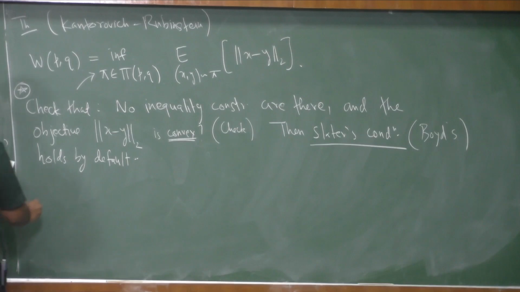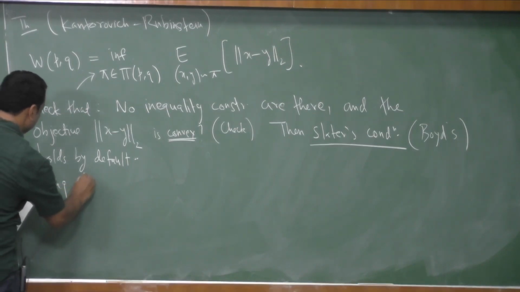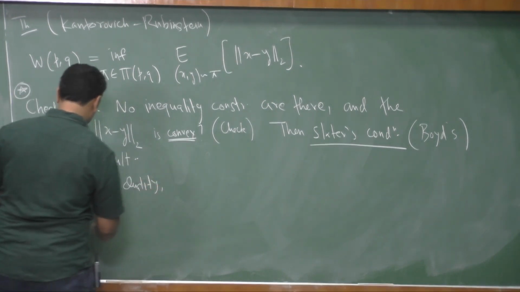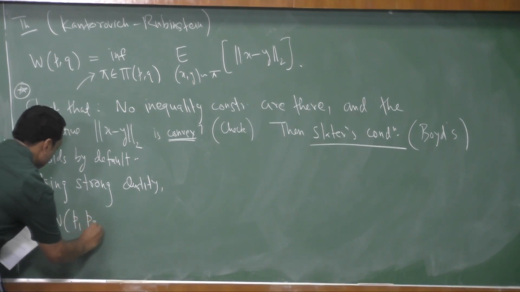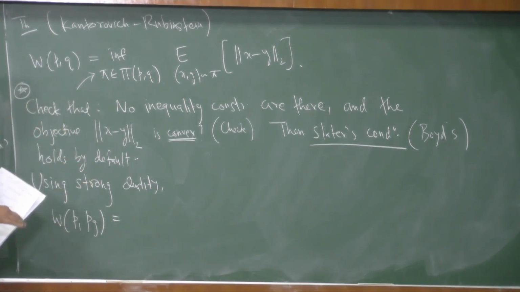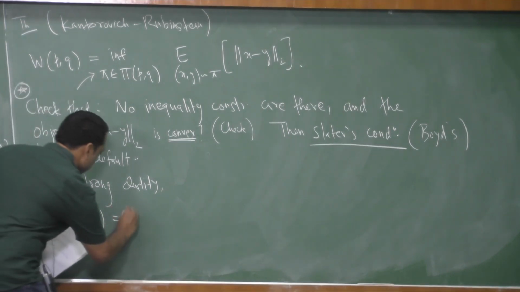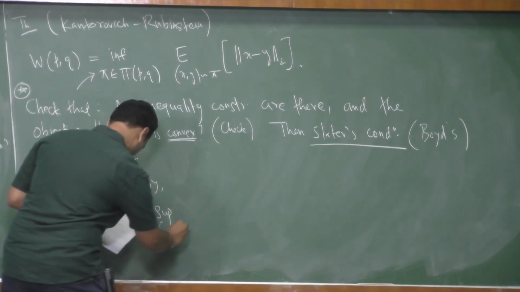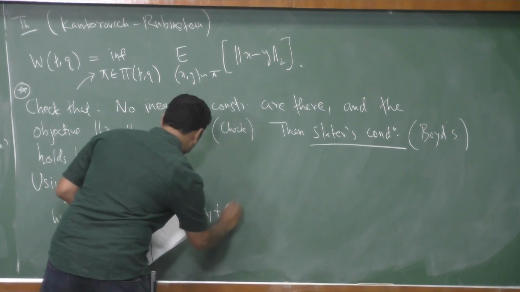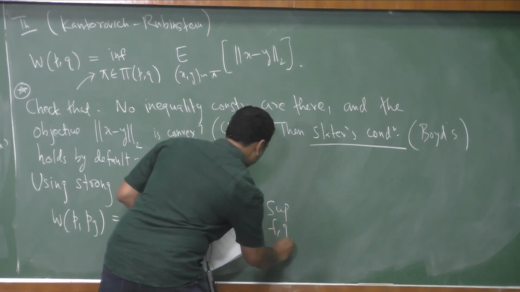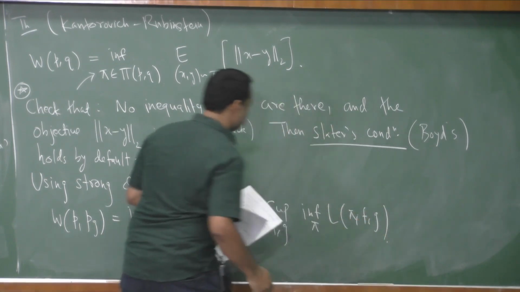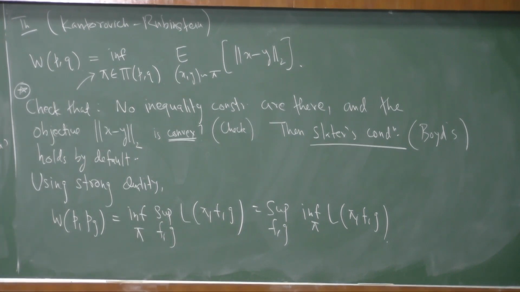So, using strong duality, to write W(p,q): either way it should be okay, either I do inf sup or sup inf. So it's inf over pi, sup over f, g of L(pi, f, g), and this is sup over f, g, inf over pi of L(pi, f, g). And we have already seen this characterization: when strong duality holds, inf and sup can be interchanged.